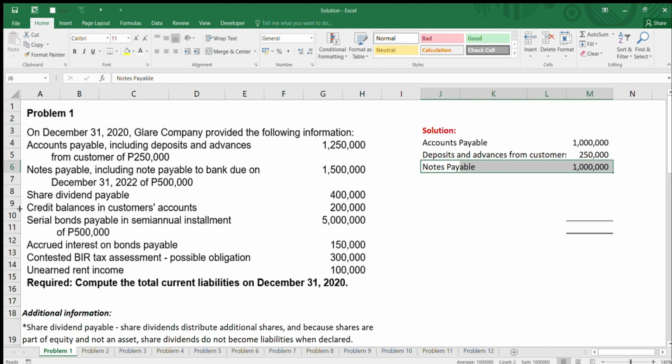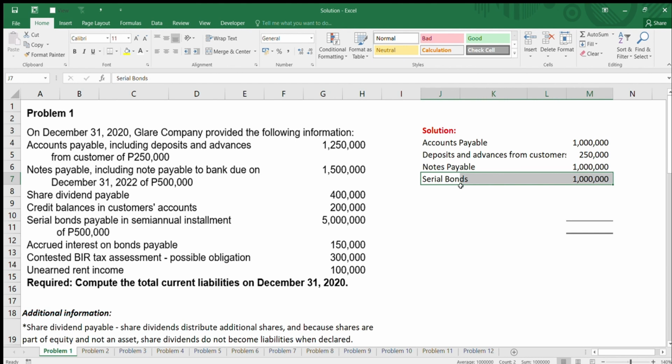Meaning, the customer overpaid. Since the customer overpaid, it is our liability to refund the excess they paid. So again, this is a negative AR. That should be included in your current liabilities. So it appears here. Wait, it is probably below. So, next.